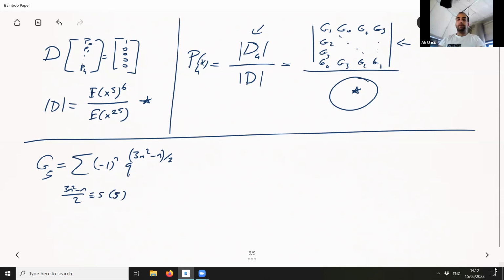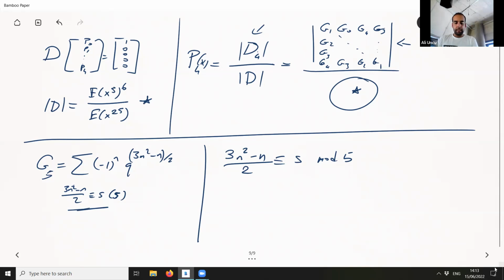So let's see if this exponent that we have can ever be 3 or 4, for example. So if I want to do the elementary number theory portion and say (3n squared minus n) over 2 is congruent to S mod 5, that is the condition on the G_S, nothing else.